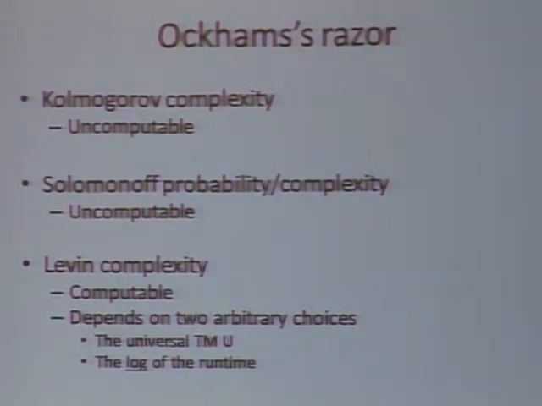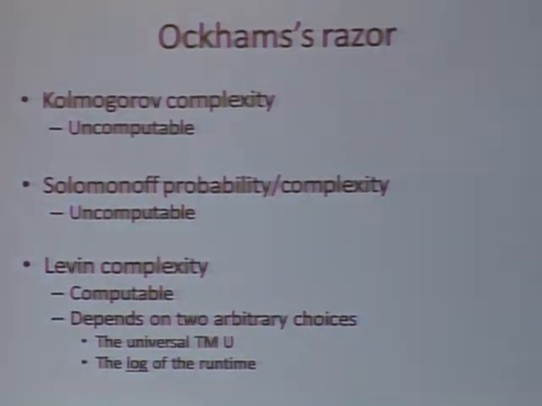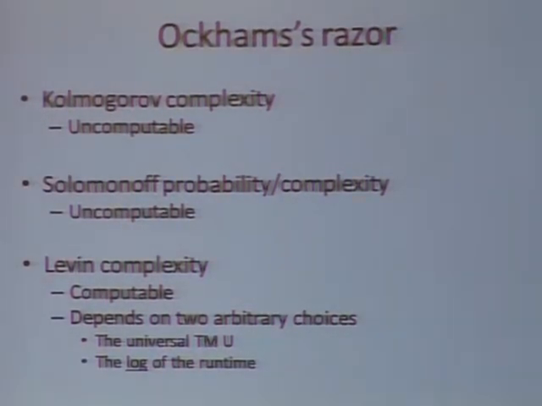Kolmogorov complexity, for example, which has the drawback of being uncomputable, as you know. And also Solomonoff probability or complexity, as we heard about yesterday, is also uncomputable. And a third one is the Levin complexity, which is computable, but it depends on two arbitrary choices: the universal Turing machine and adding the log of the runtime as a term.